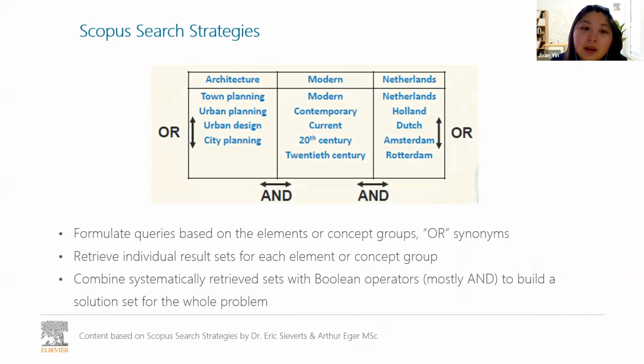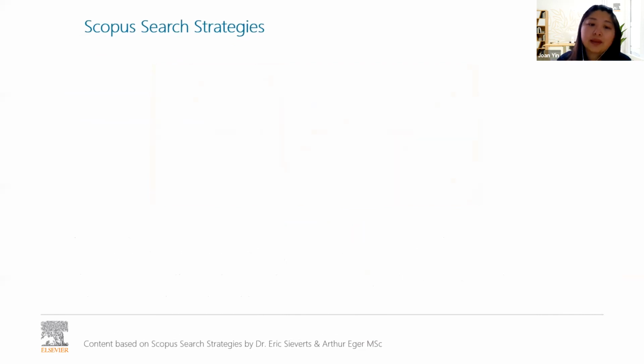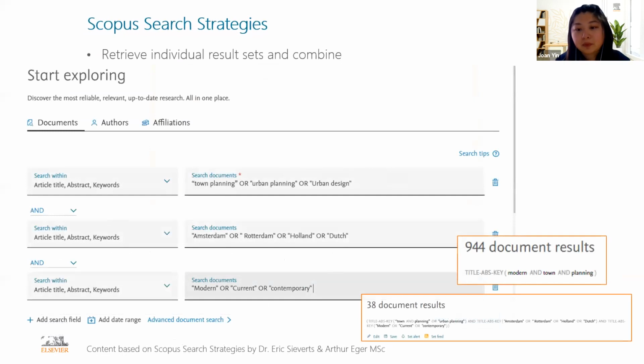After combining all the words using the OR and AND search operators, we can get different results. If you just use the three keywords modern town planning, there are around 1,000 document results.